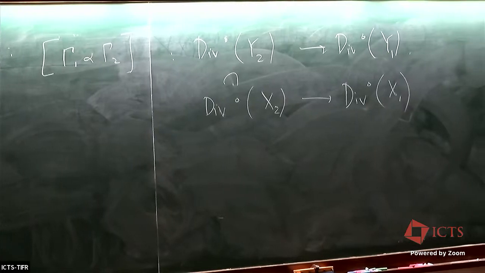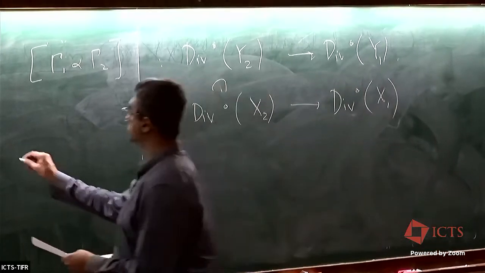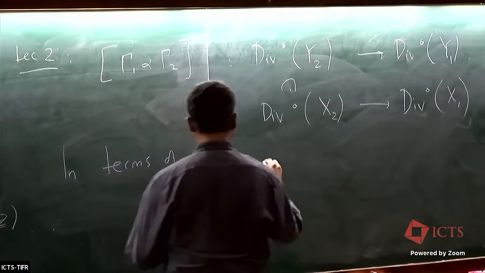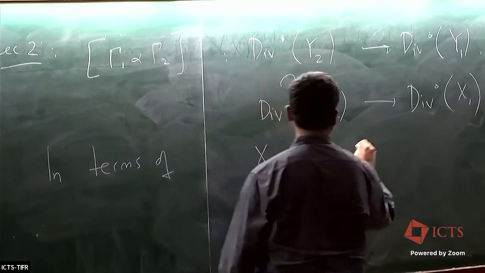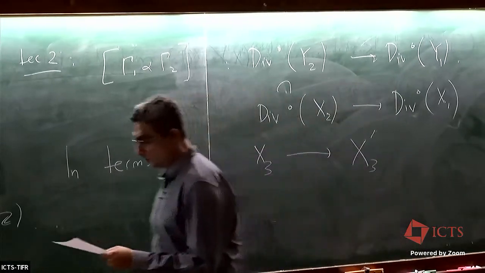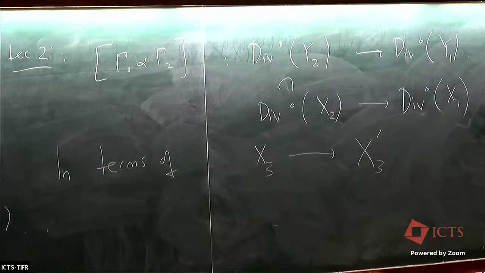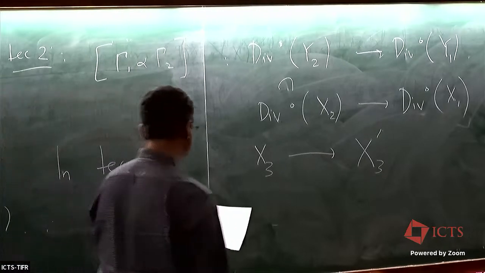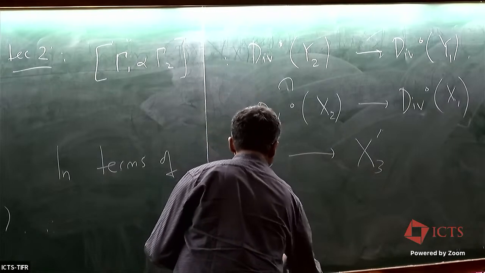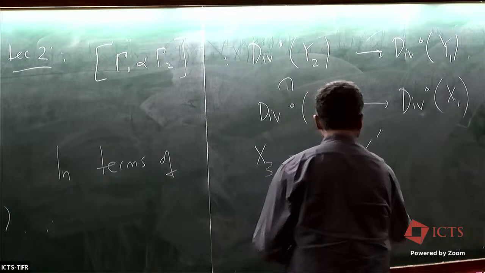In terms of that square, we had this auxiliary X3, it was Y3 in that notation, but compactify in the usual way. So we have X3 prime. I'll just assume some notation here. We had X2 here, and we had X1 here.